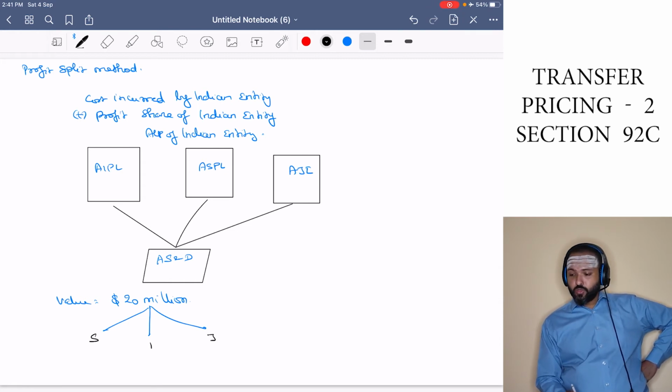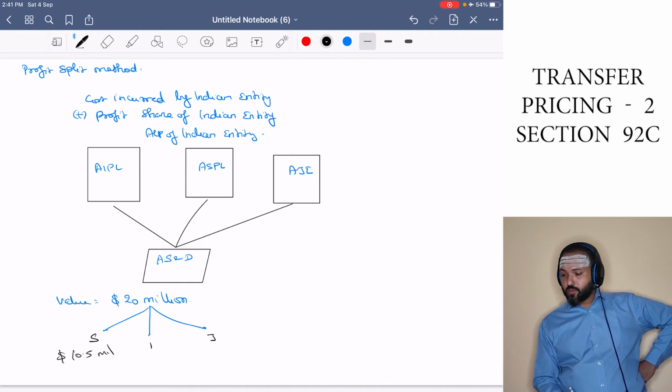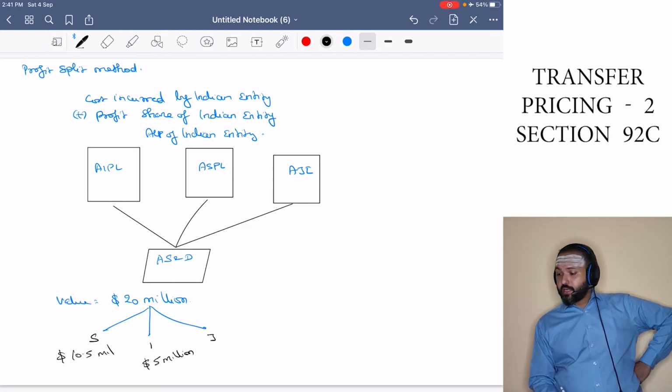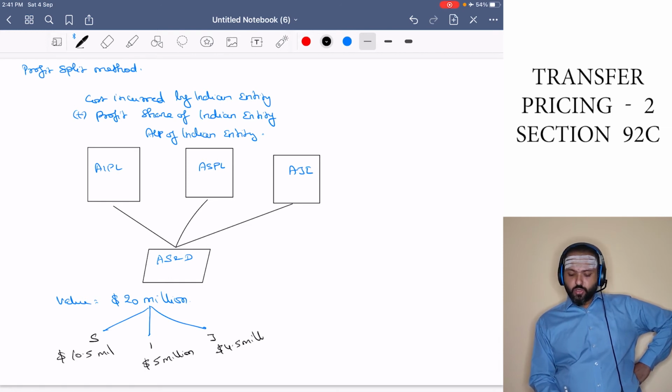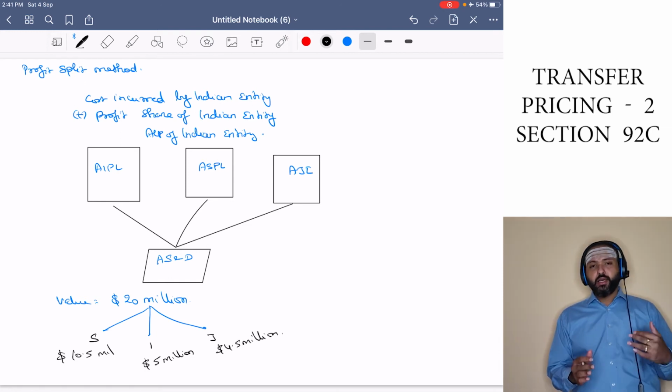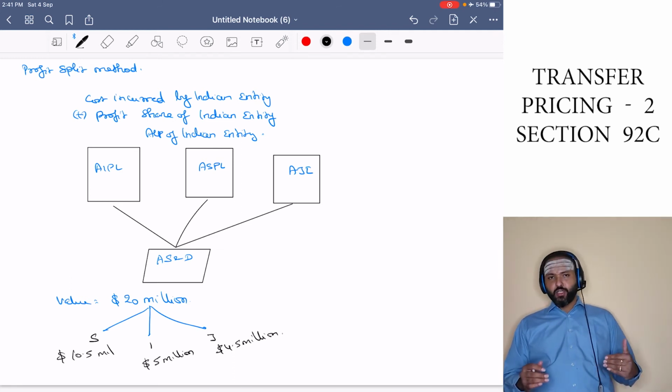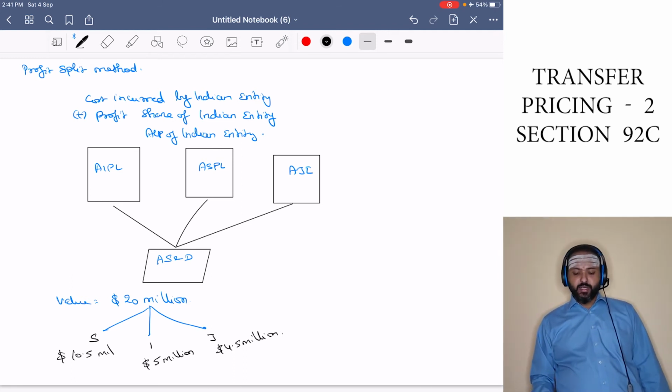In what ratio? $10.5 million will go to Singapore, $5 million will go to India and $4.5 million will go to Japan. So this is how the agreement is entered into. So this is the agreement between these three entities.